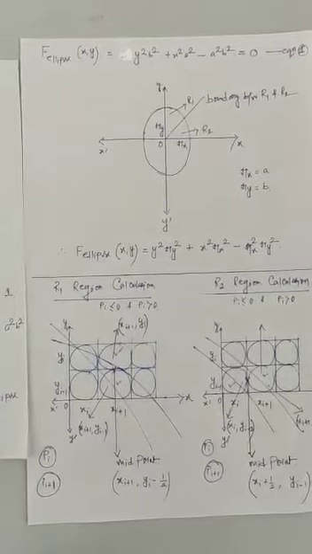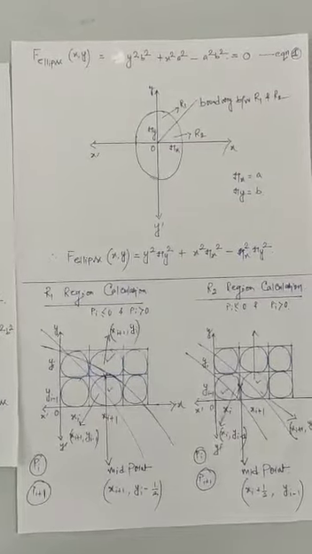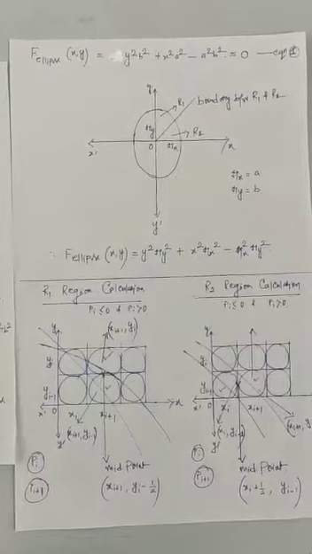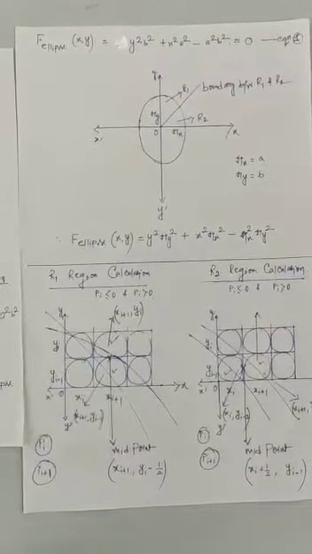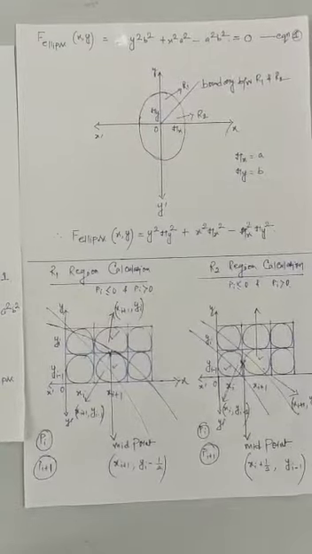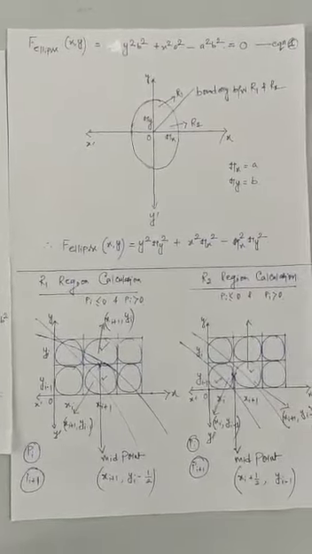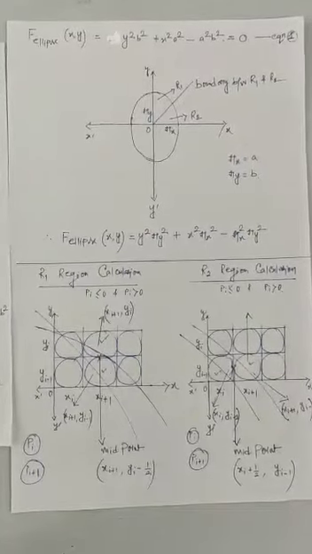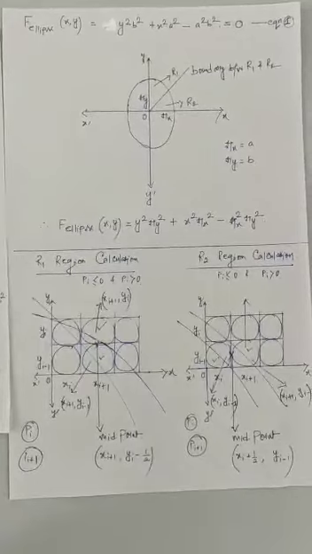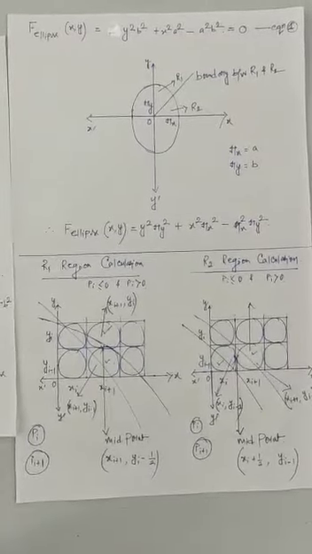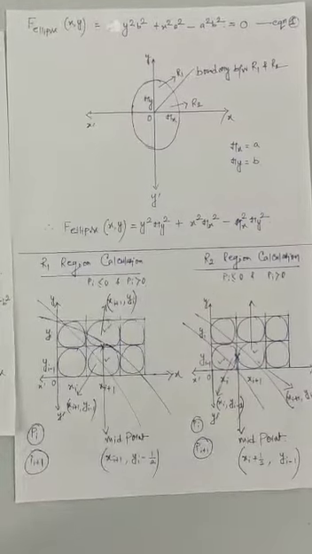Now based on Rx and Ry values, equation 1 will be f_ellipse(x, y) equals y squared Ry squared plus x squared Rx squared minus Rx squared into Ry squared. So here the crucial point is that we consider two regions, R1 region and R2 region. At first I am going to discuss the R1 region calculation.